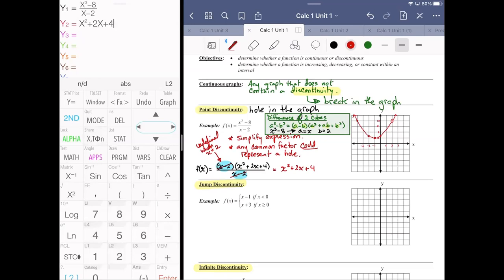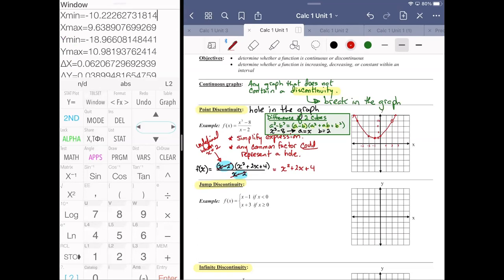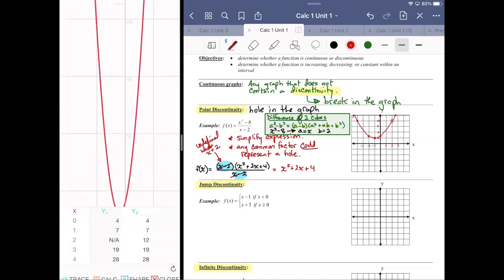I can look at the graph, again, zoom 6 to get a standard viewing window. But this one, the hole doesn't occur until you get to 12. So when you go to your window, you might want to do something like -10 to 10 for x, but then maybe 0 to 20 for y, and then create the graph off of that.